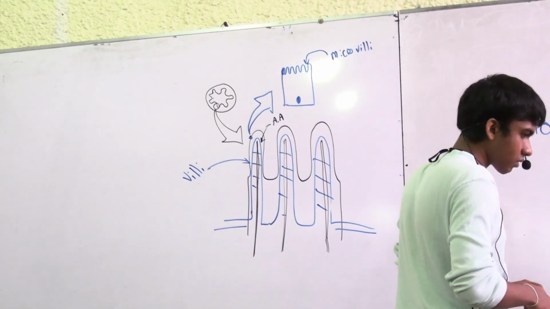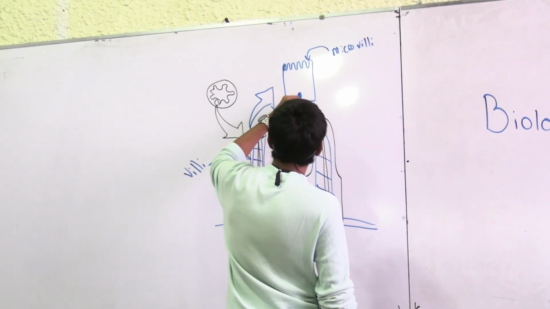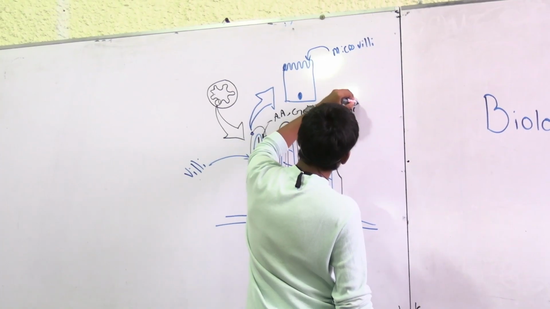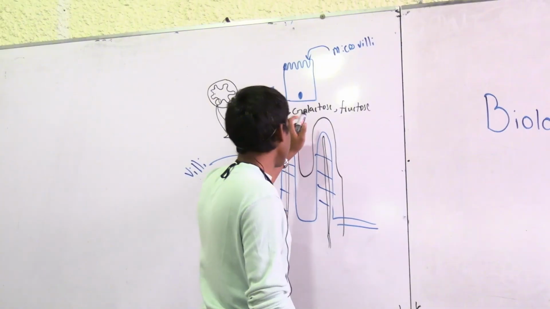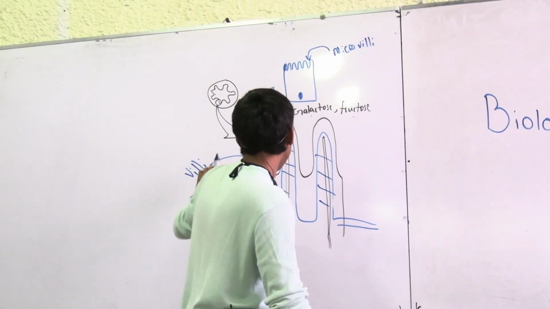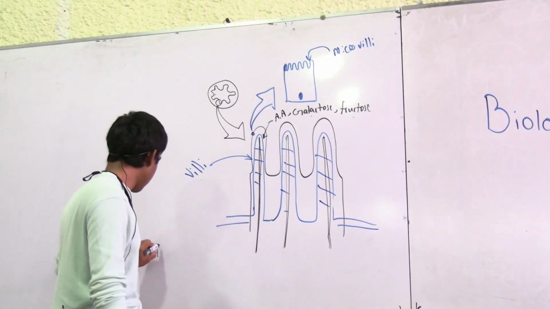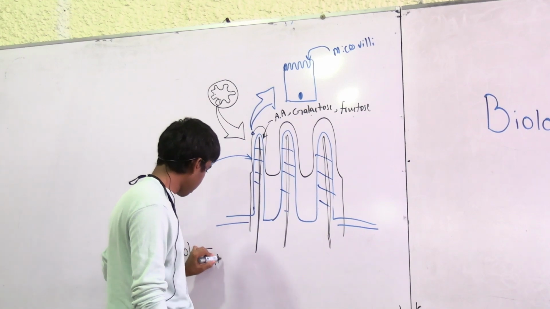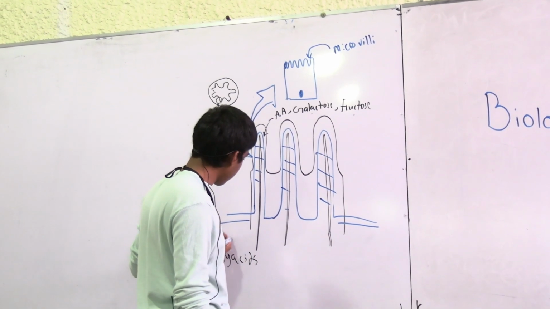Galactose and fructose are also absorbed by the blood vessels. So these are sugars, right? But glycerol and fatty acids are absorbed into the lacteals.